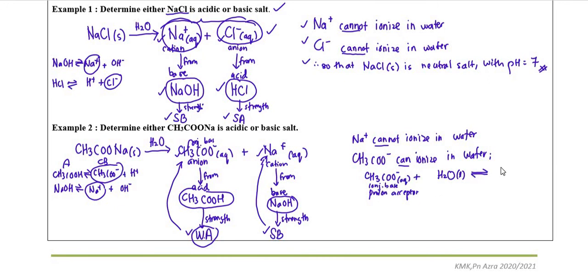So dia akan accept the proton will become CH3COOH. Kalau ini proton acceptor, H2O ini akan jadi proton donor. So become OH minus. So semua phase ini adalah aqueous. Alright? Okay.